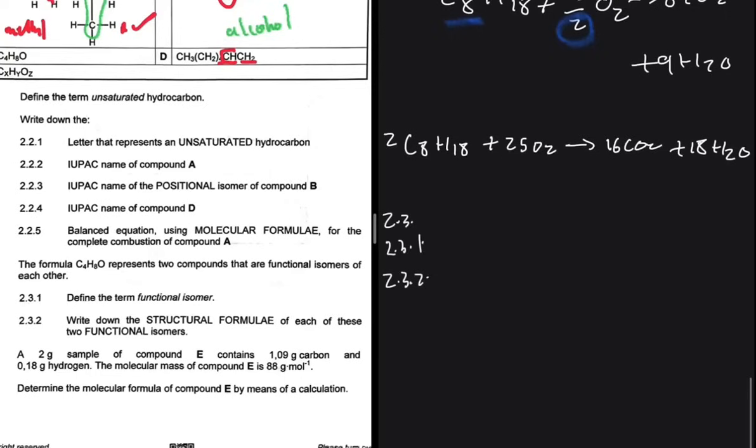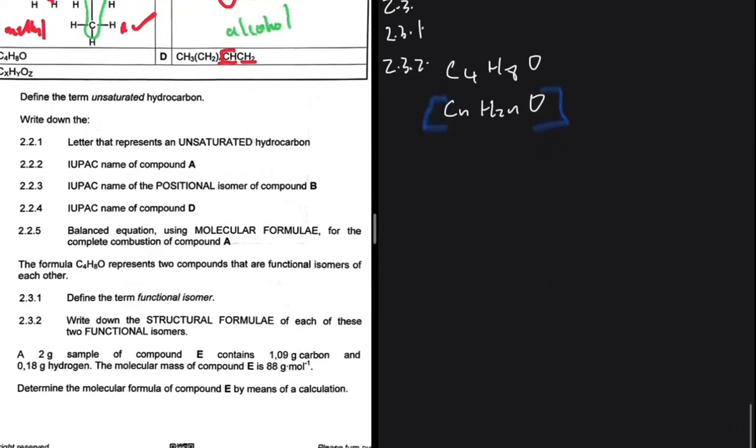So we have C4H8O. In general formula, it is CnH2nO. This general formula is for ketones and aldehydes because they are functional isomers.